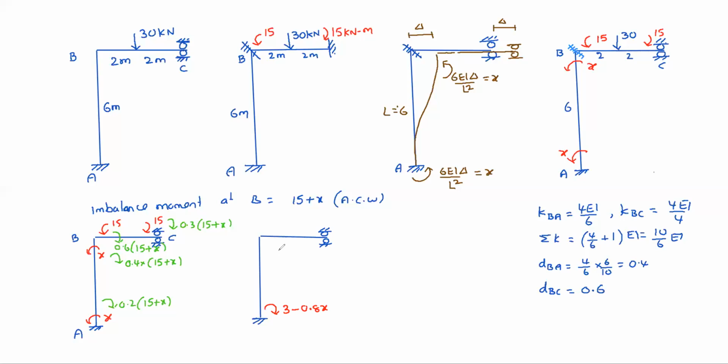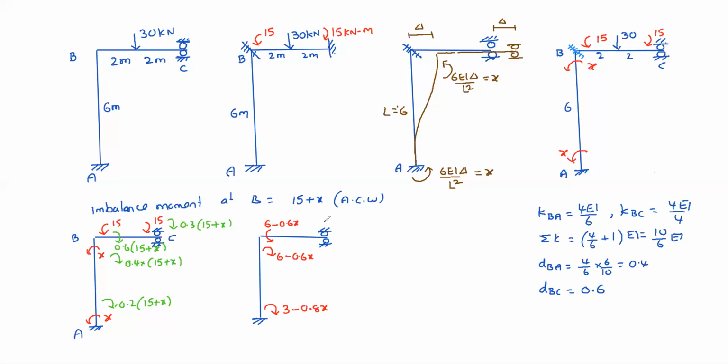And here 15 into 0.4, that is 6, clockwise 6, and anti-clockwise X, clockwise 0.4X, that means anti-clockwise 0.6X. Similarly here 15 anti-clockwise, clockwise 15 into 0.6, that is 9, so minus 15 plus 9, anti-clockwise is dominating, so 6 minus 0.6X here also.